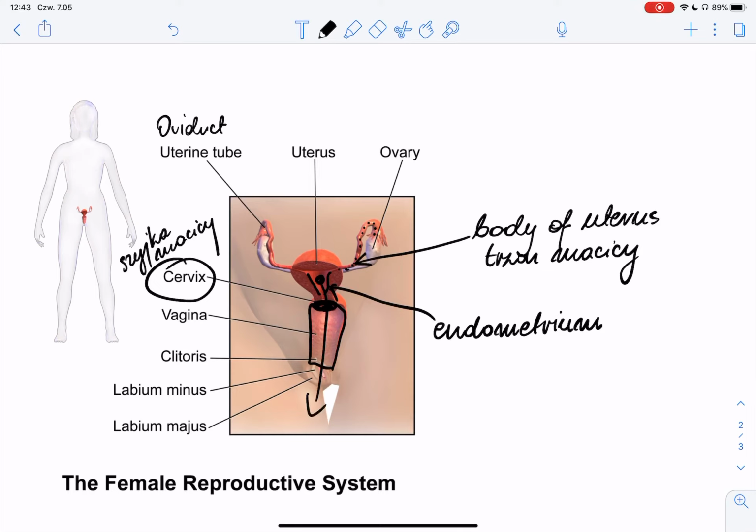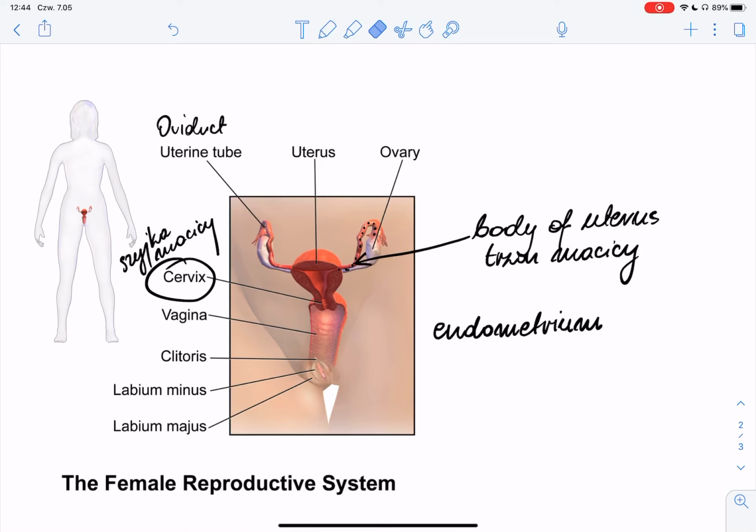It's built of a very stretchy layer of muscle, so it can also change its shape and adapt to what's happening. And by what's happening, I mean the birth, because the baby, after 9 months of being inside the uterus, is quite huge. So this organ has to be stretchy.